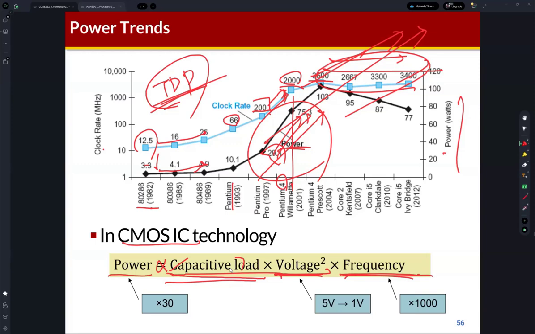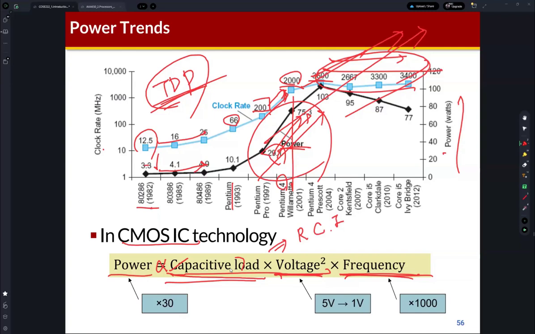When you learned electric physics in high school, maybe the education was changed, but I believe the circuit has three components: R, resistance, capacitance, and inductance, right?